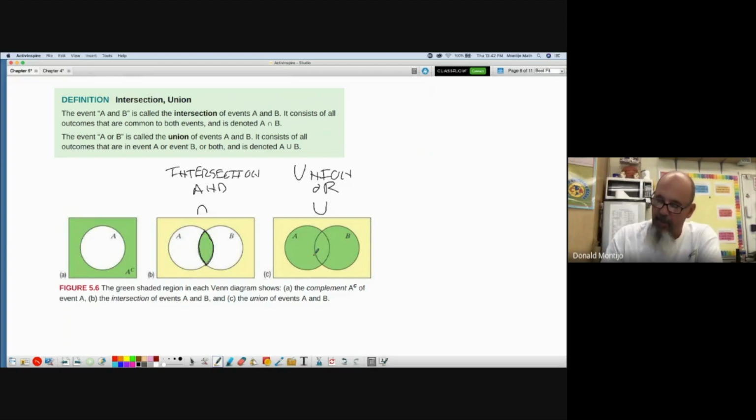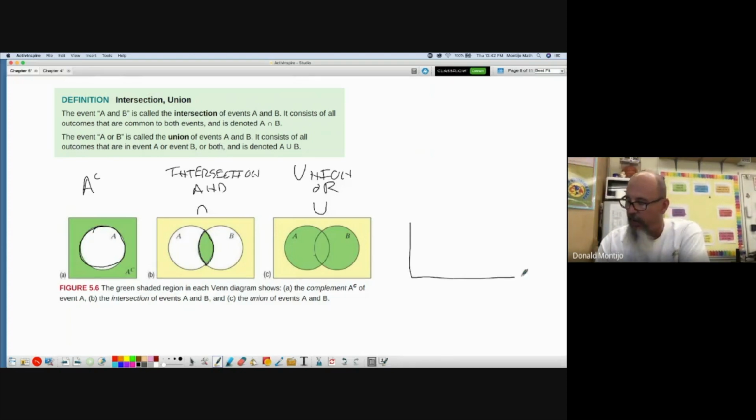The Venn diagram on the left is the complement of A. Remember, this little C means complement, and we read it as "not A." So if A is this circle in the center here, everything that's not A would be outside. This also happens quite frequently like this.